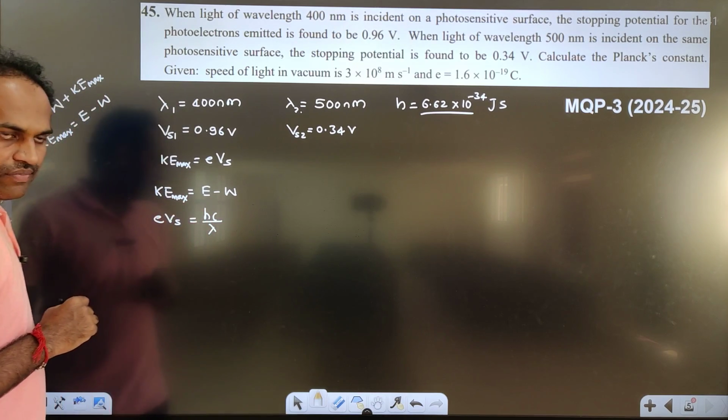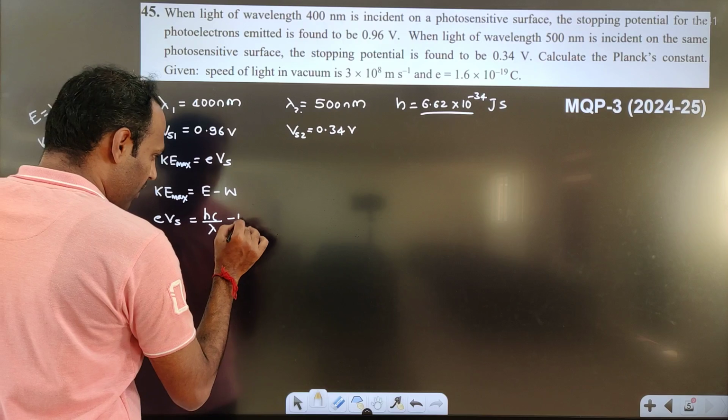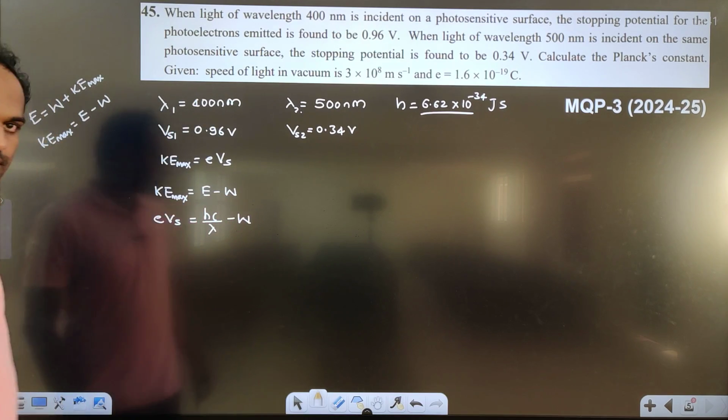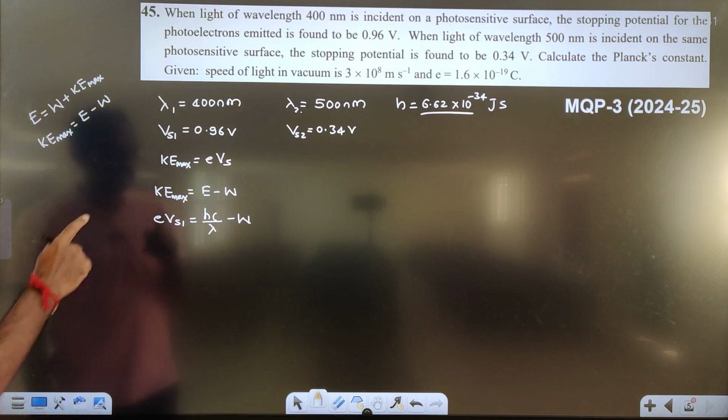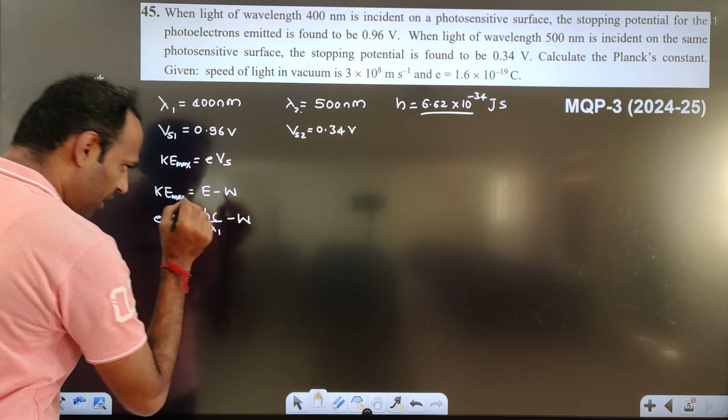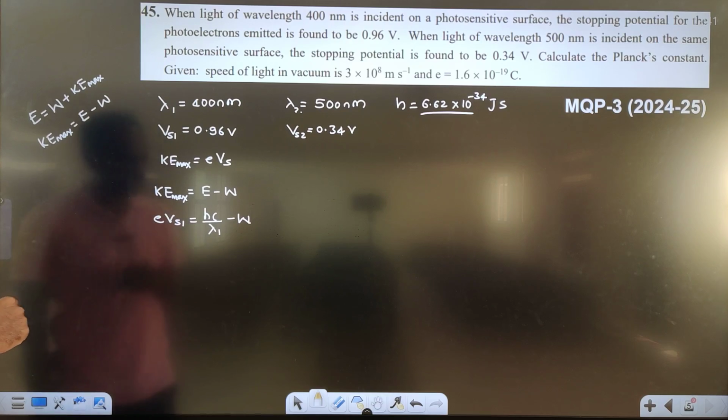Let the work function be as it is. Here I will take Vs1, the first stopping potential, and lambda 1, the first wavelength.